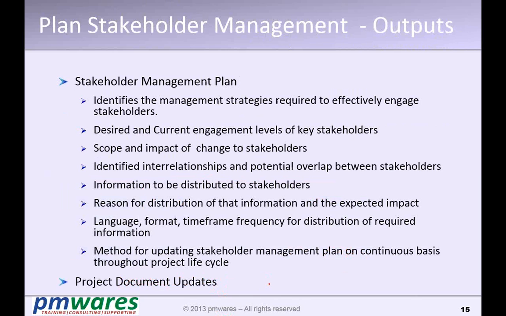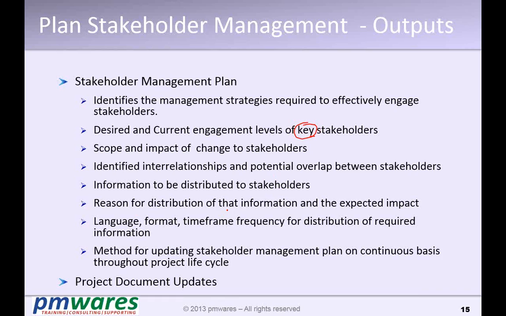Looking at this, we create a stakeholder management plan. We identify all the needs of the stakeholders, the desired and current engagement level of the stakeholders, not just key stakeholders, but all as such. The scope and impact of the change to the stakeholders, identification, interrelationship and potential overlap, where they are interrelated and their interdependence.